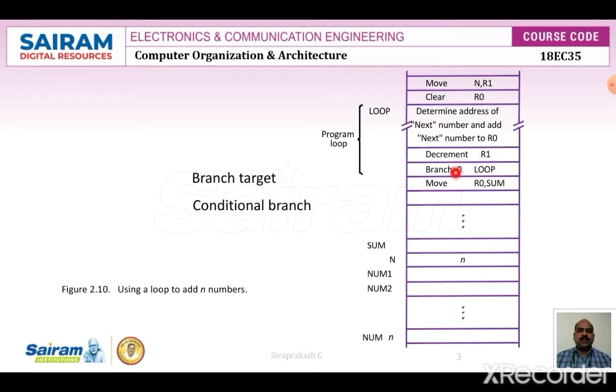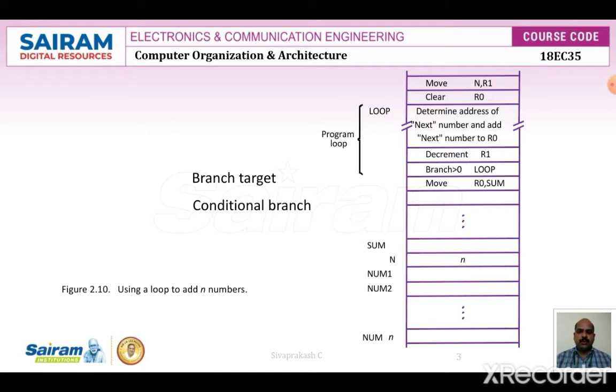Then I check for the loop whether it is 0 or not. Until it is 0, it keeps entering the loop and progressing. When the condition is satisfied, it jumps out of the loop and stores the data into the register R0. In this way we address the branch instructions.